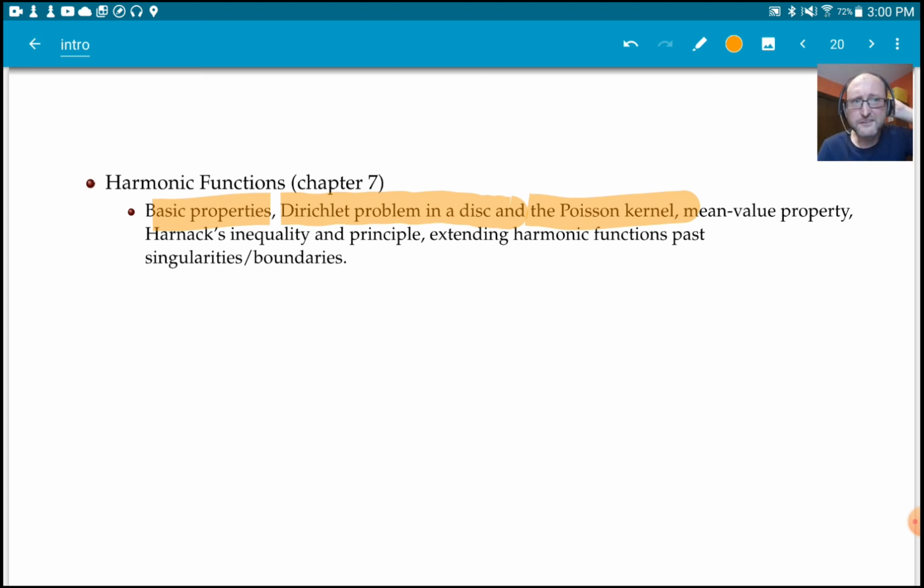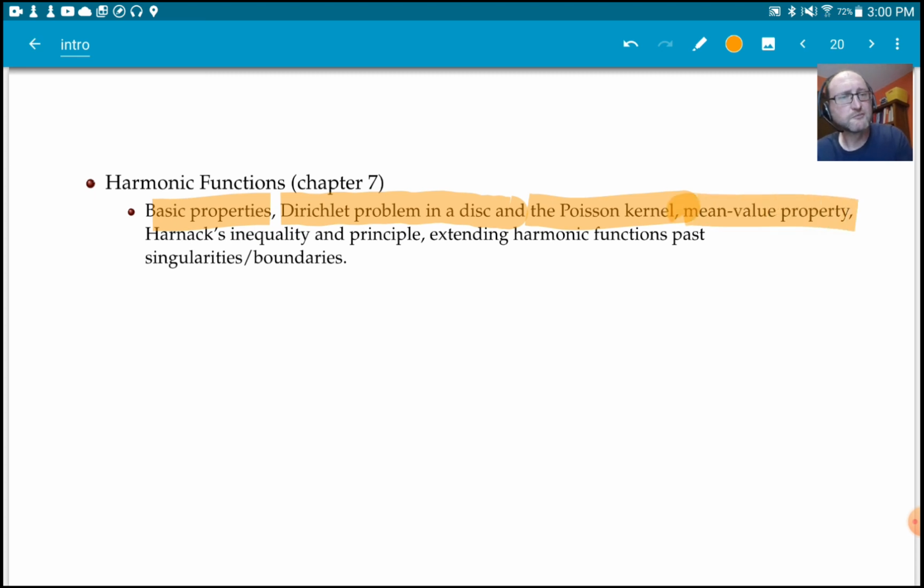Harmonic functions exist in all sorts of dimensions, but it's in dimension 2 that they have this really neat connection with complex analysis, that they are the real parts of holomorphic functions. It's a different thing to study harmonic functions in R2 and in Rn, so this is going to be about harmonic functions in R2, which are the same thing as harmonic functions on C.